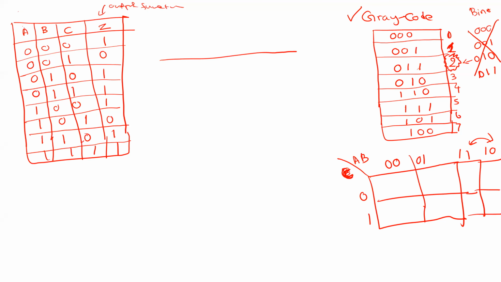I'm going to take 2 inputs to one side and the other input to the other side. Okay. I'm going to use AB to this side and C to this side. So when I use AB, I have the values 0 0, 0 1, 1 1 and 1 0.